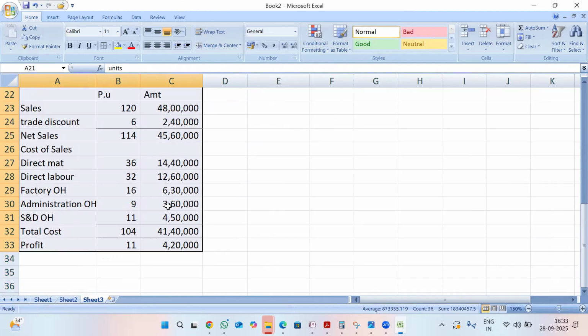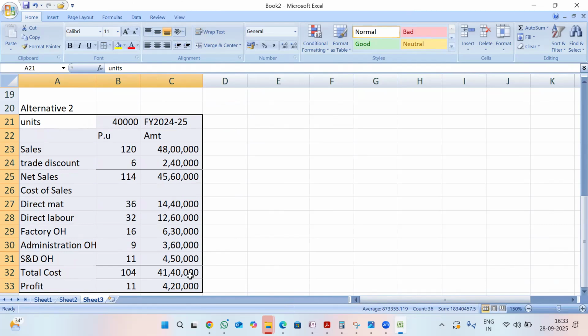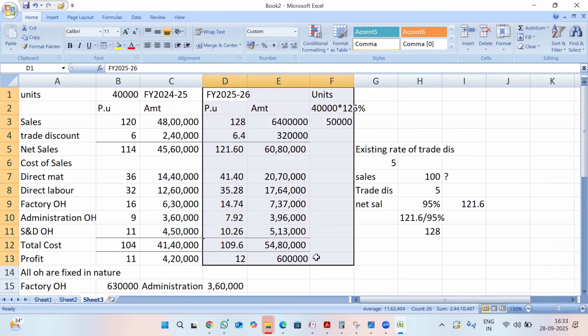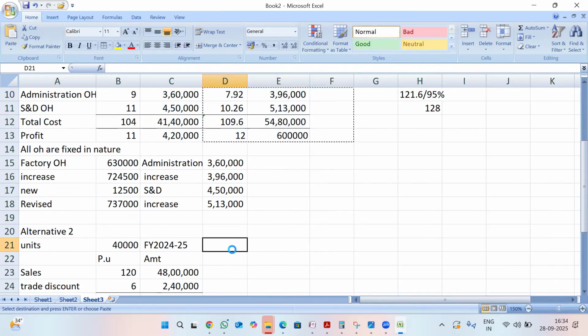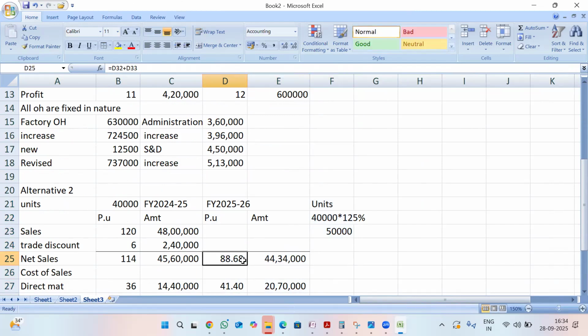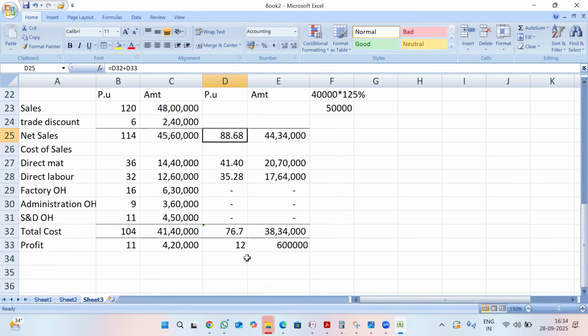So same way I am using financial year 24-25. Material and labor is the same anyway. Now factory overheads is going to differ. Now I am assuming as variable.